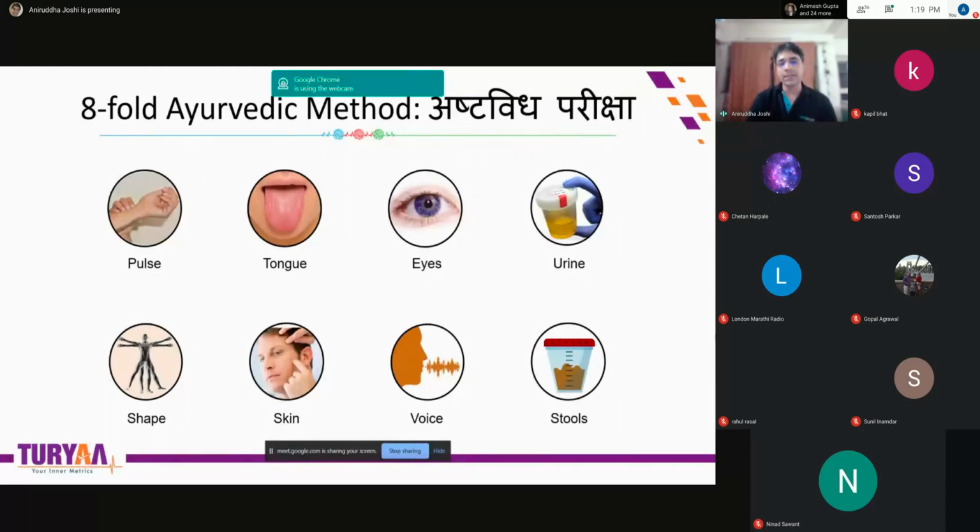Our Aji, our grandmother, in the morning, just by hearing our voice, can tell us something is right or something is wrong, and even prescribe corrective action right there. Out of these eight, pulse has the highest weightage in this Ashtavidha Pariksha.